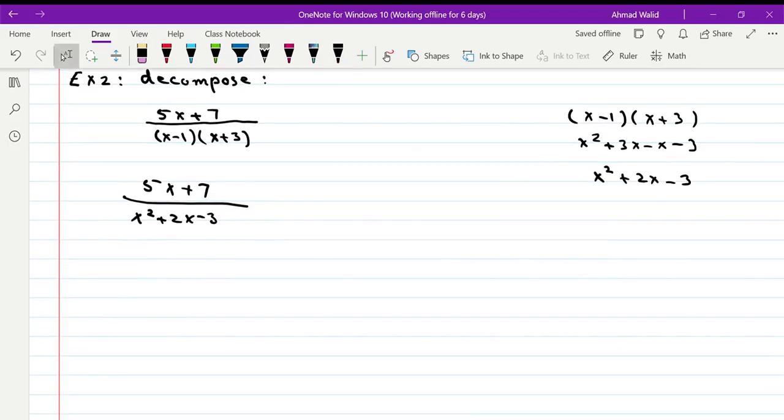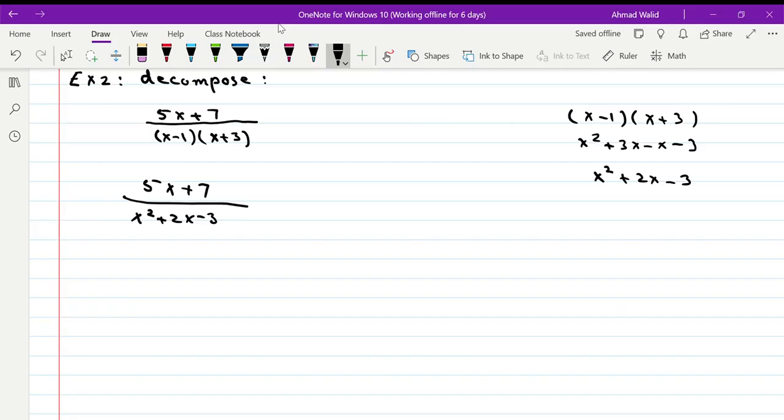Correct? Don't start immediately on the right side. Don't put A and B. First, factor the denominator. Factor completely. Please, factor completely. I didn't put this as a step for you.